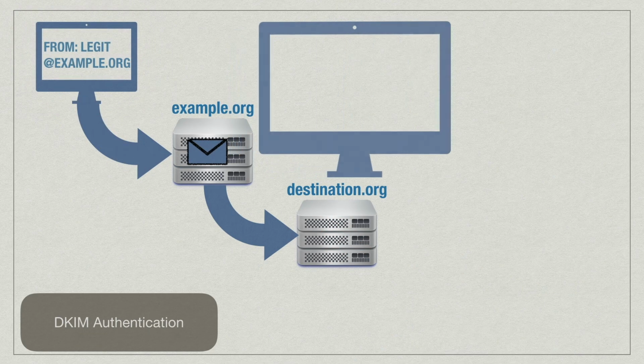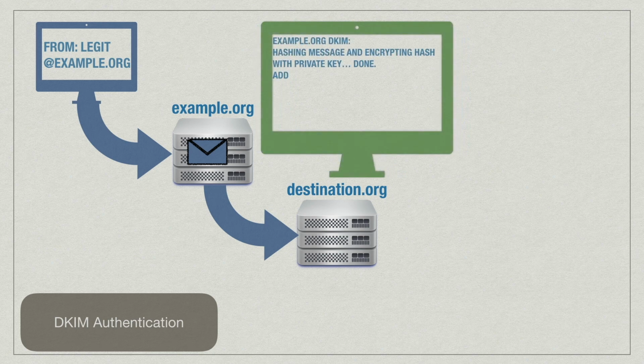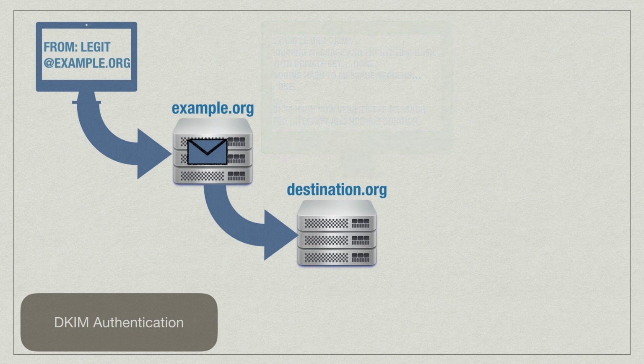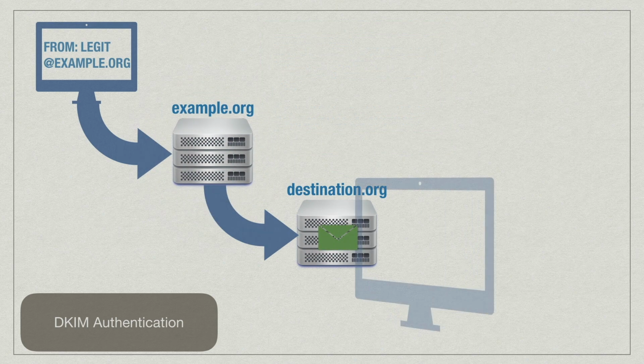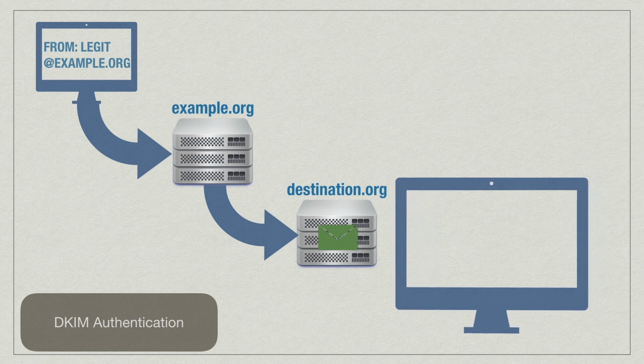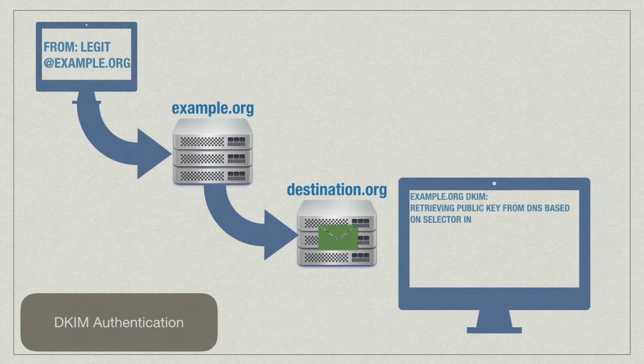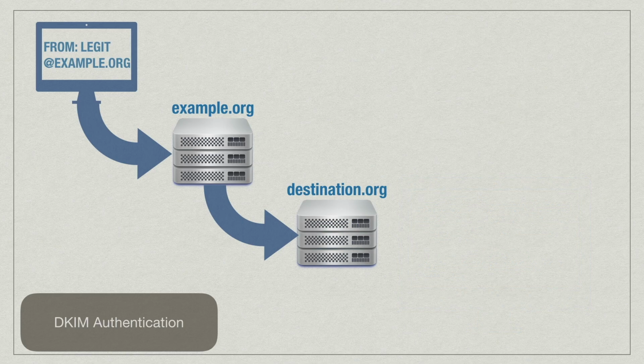If you'll remember back to your studies on public key cryptography, using a private key to encrypt something means anyone can unencrypt it, which means you can't guarantee confidentiality, but you can guarantee integrity and non-repudiation. Because the only server with a private key should be, in this case, example.org, this proves that only example.org was able to send the message.